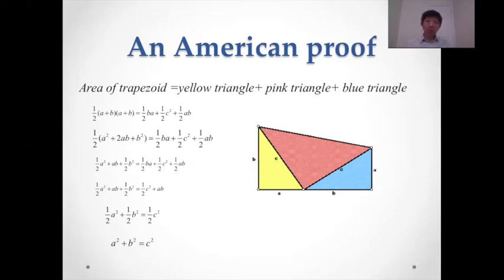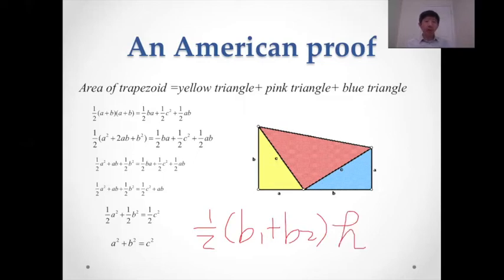Now remember, the area of a trapezoid is what? 1/2 base 1 plus base 2, times the height, right? I'm going to give you a minute to think. Take a look at this trapezoid. So here's 1/2 base 1 plus base 2 times height.